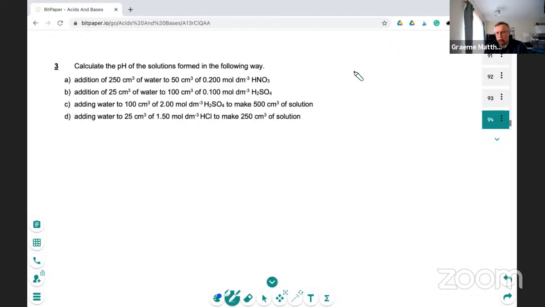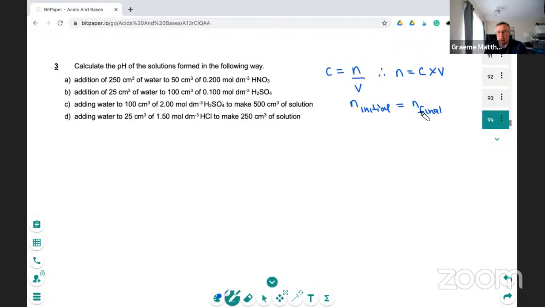How I look at it is this: concentration is moles over volume. Therefore, moles is concentration times volume. Now, if you dilute something, the moles you have initially, before you diluted it, must equal the moles you have after you've diluted it, because you didn't change the number of moles.